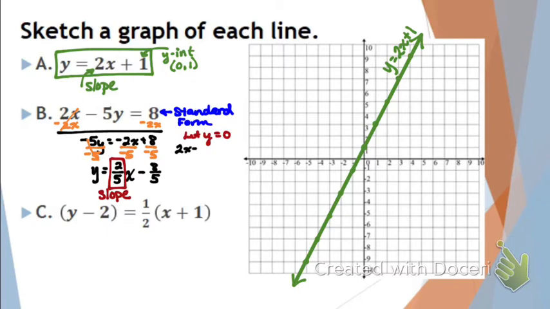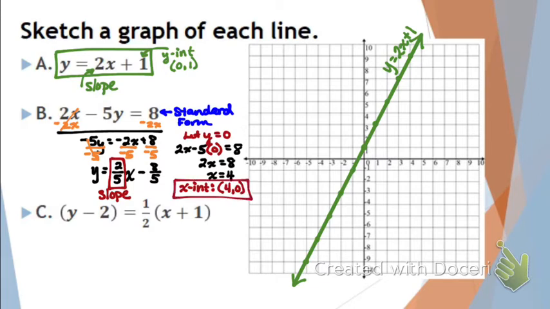So 2x minus 5 times 0 equals 8. So that just becomes 2x equals 8. Is my x-intercept nice? 4. So my x-intercept would be 4, 0.